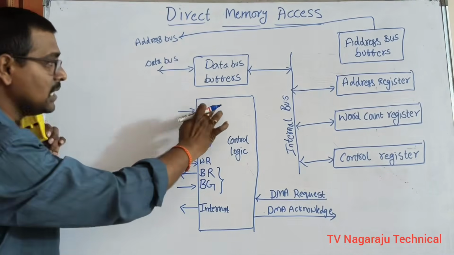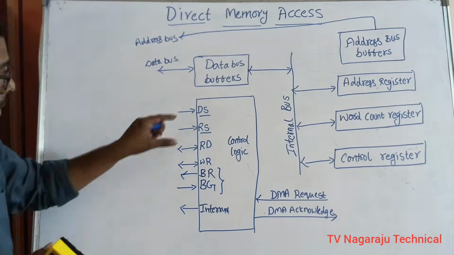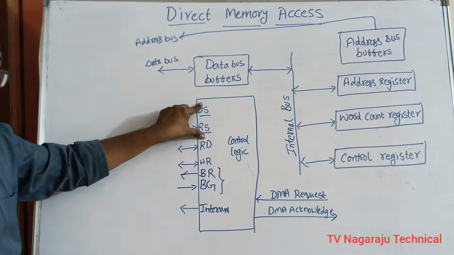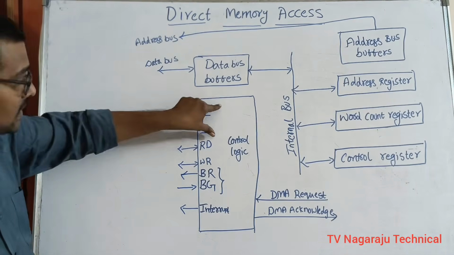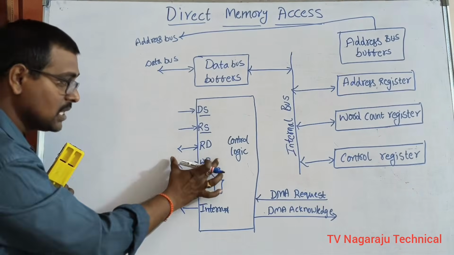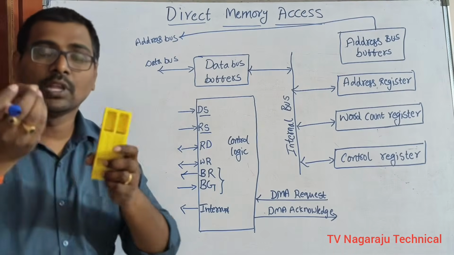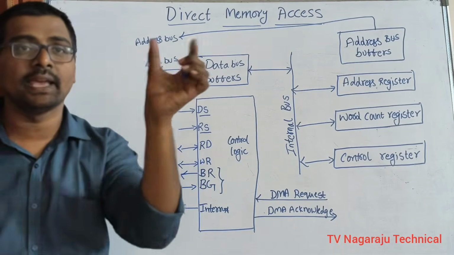DS means DMA select and RS means register select. By enabling these two inputs, the CPU accesses the registers of the DMA to read and write. These are two bidirectional inputs which are used to perform both read and write operations in both directions.